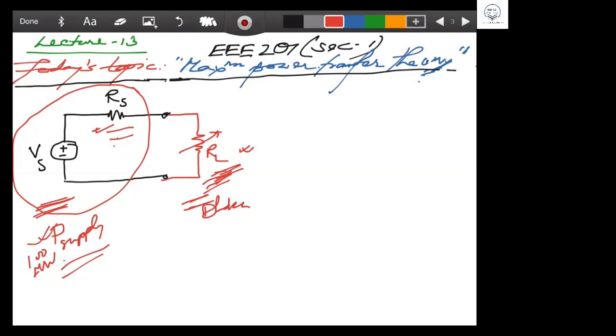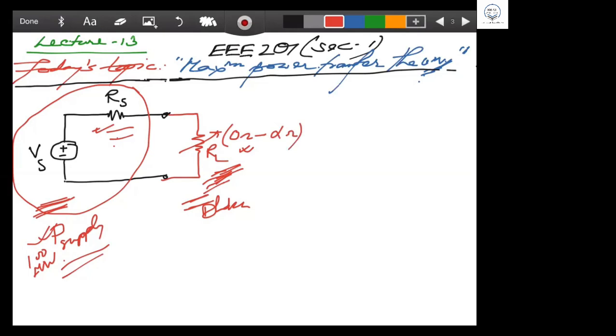So we are changing the load and we are getting the power at the output, but we can see the losses are there. So we cannot get the maximum power at the output. So we are changing the load from what? From 0 ohm to infinity ohm. That is the case. So if you change from minimum to maximum load, then what will happen?